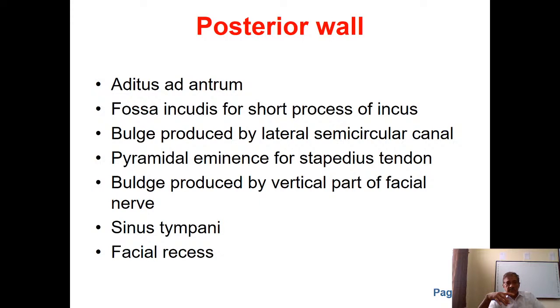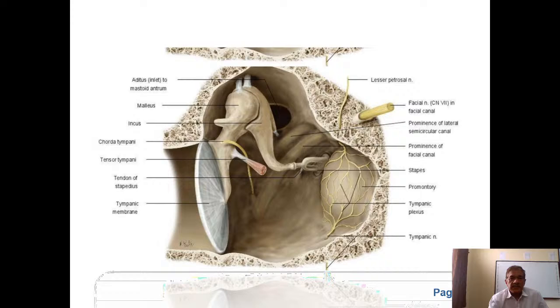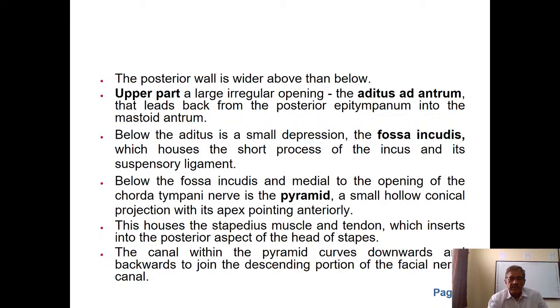And we have studied the medial wall. Now it is the posterior wall. If you take it from above, there is a small passage which connects the middle ear cavity.